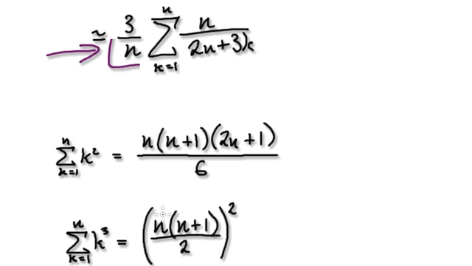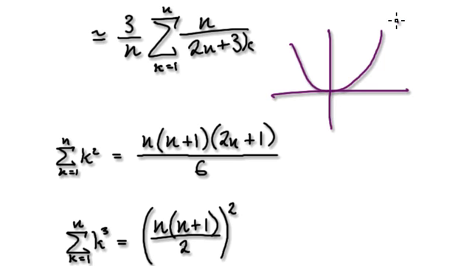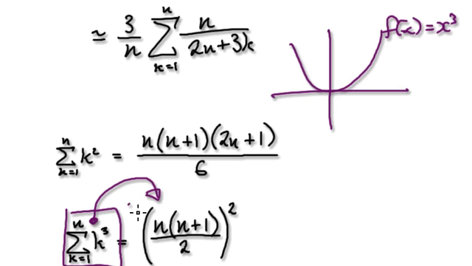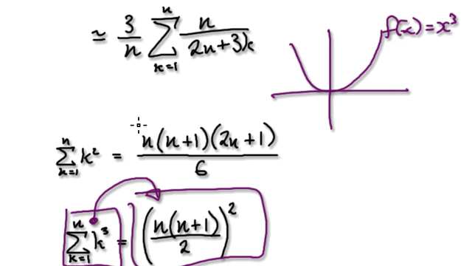In the past, we could work out, let's say, the area underneath f of x equals x to the power of 3, because we would somehow isolate the k to the power of 3, and then we would jump to this formula. We could work out f of x equals, say, 3x squared plus 4.